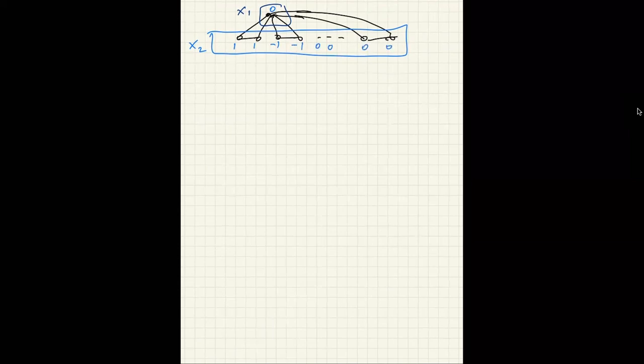If you label them this way, what do we get? The eigenvalue that we get this way will be an eigenvalue of 1 corresponding to this eigenvector, because on the top the equation is satisfied: you have 1 times 0 equals the sum on the neighbors, but two of the neighbors have 1 and two have minus 1, so that cancels out.